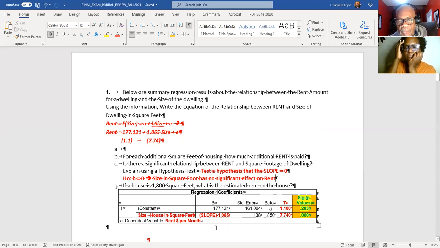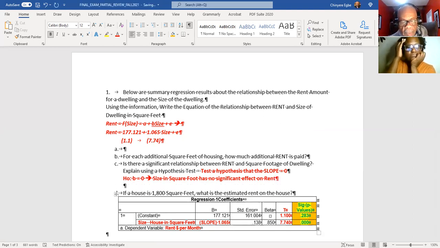Okay, so you must state the null hypothesis and state the alternate hypothesis that B is not equal to 0.